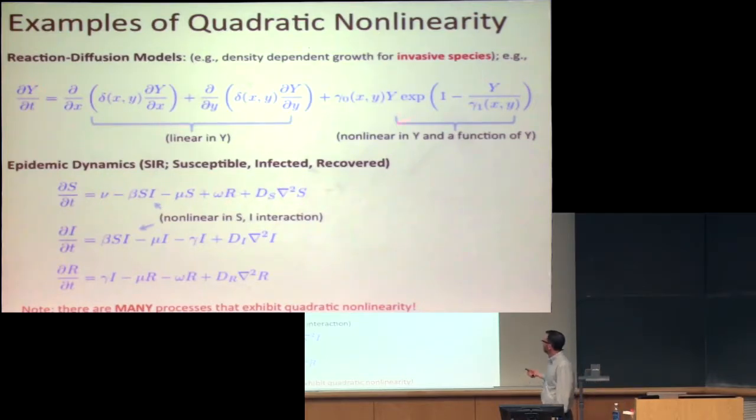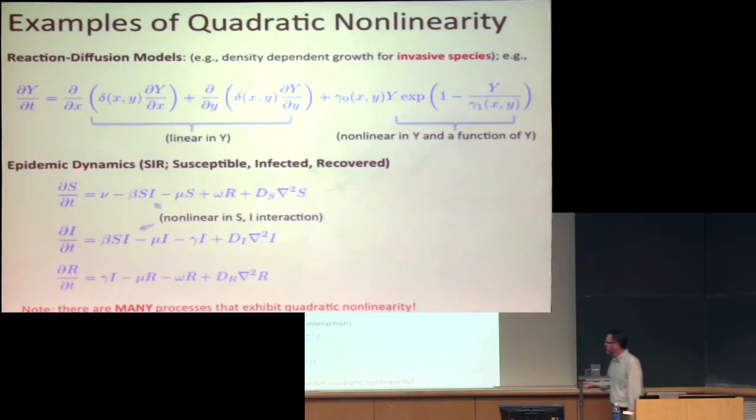Well, if you look at this simple reaction diffusion equation, this diffusion part is inherently linear, okay? But notice the interaction between y and this functional version of y here in the density-dependent growth term, okay? This is definitely what I would call generally quadratic nonlinear, because there's a transformation of y times y, okay?